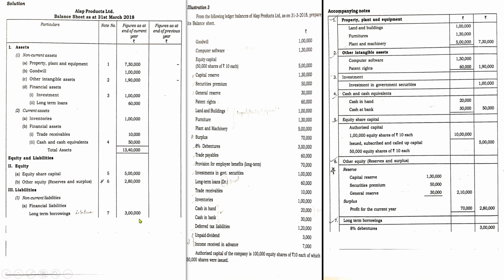After that, next one is deferred tax liabilities, 1,20,000.